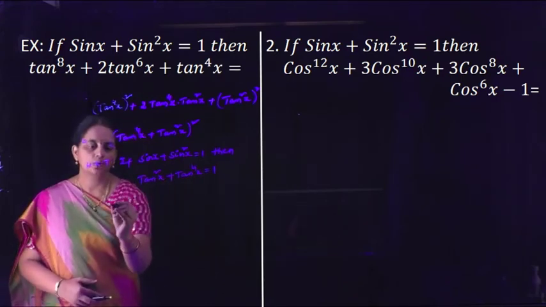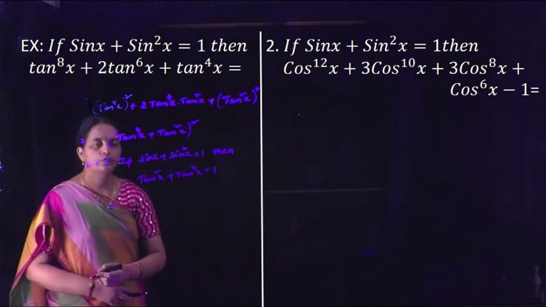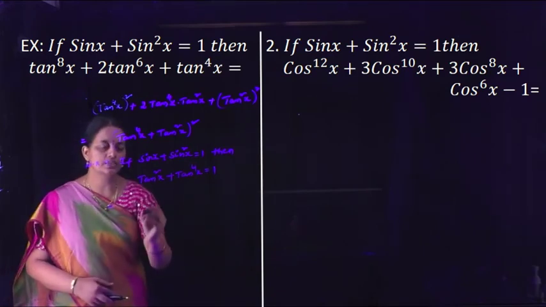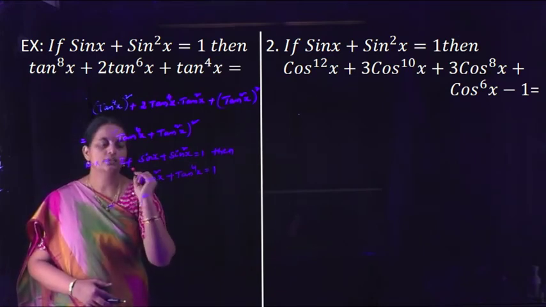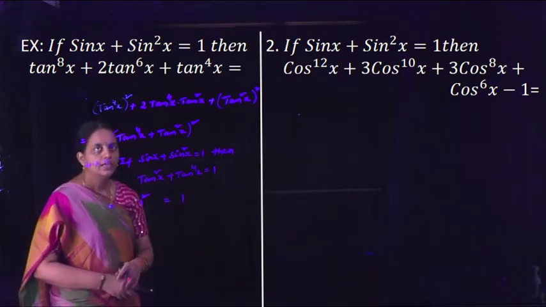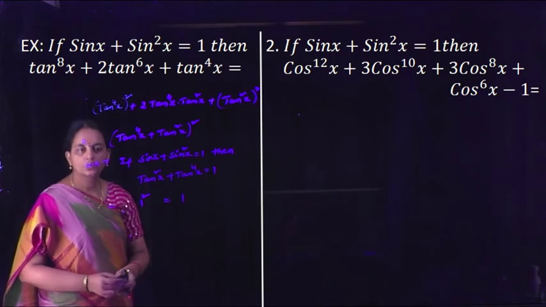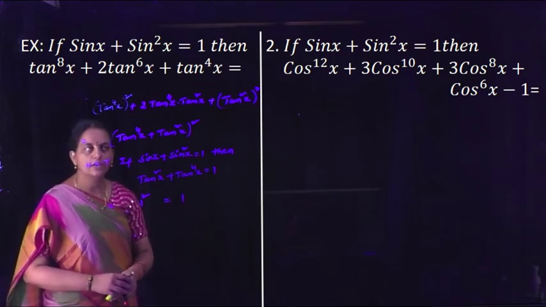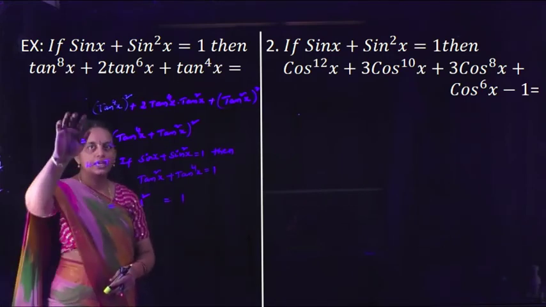From this we can write tan power 4x plus tan square x whole square means 1 square, that is equal to 1.